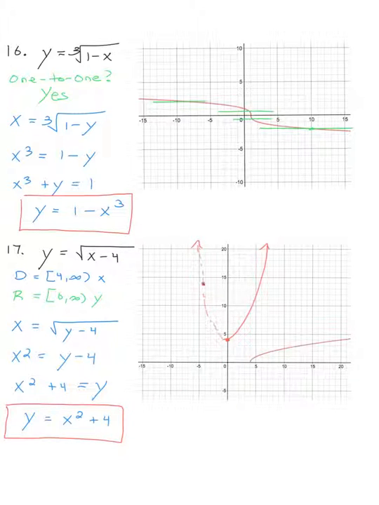But if you look at the entire graph and include all this stuff, well, it isn't 1 to 1. So how can we fix this? So like I said, the domain of this function is going to be the range of the graph that we started with. So the range up here, which are y values, become the domain down here because they are x values.